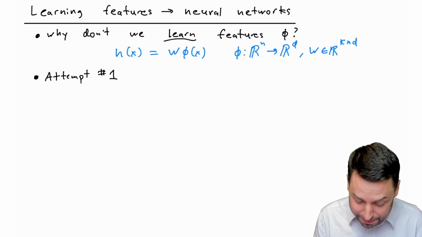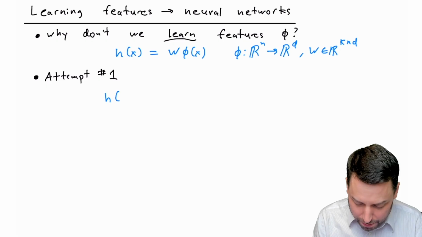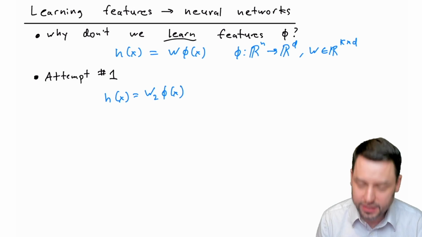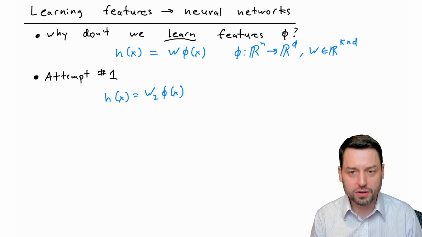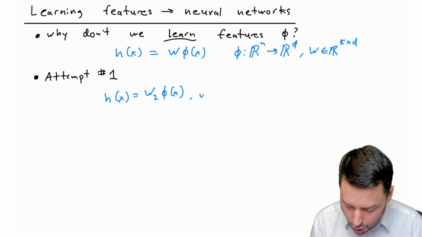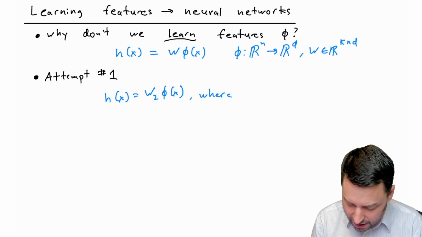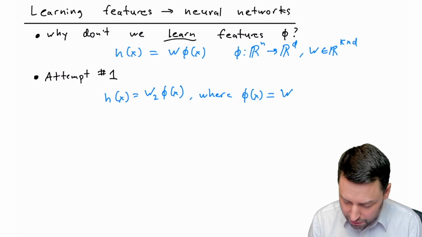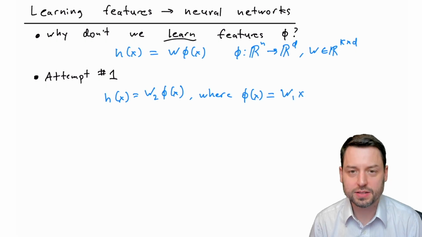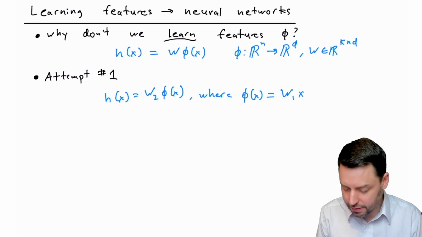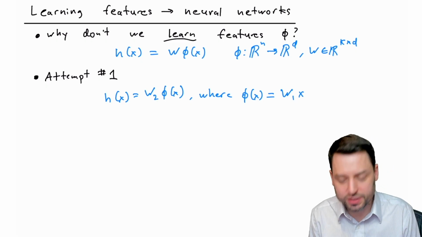So explicitly, why don't we pick h of x to be equal to some matrix w2 phi of x? I'm going to start using w1 and w2 now because there are going to be two linear matrices here, where phi of x is just equal to w1 times x. We could do this, right? This makes total sense, and it seems like a reasonable choice of features.